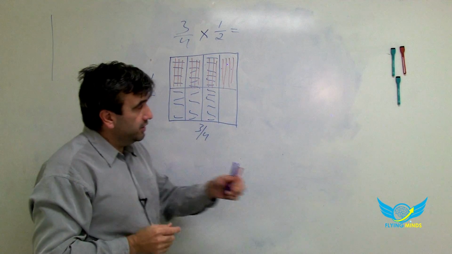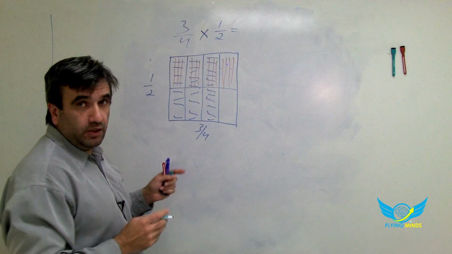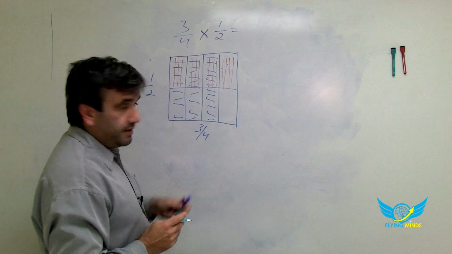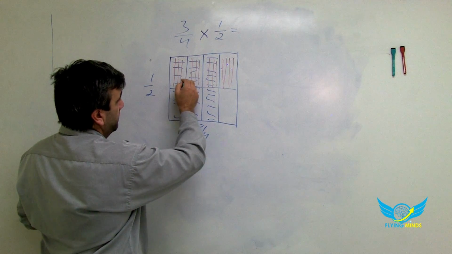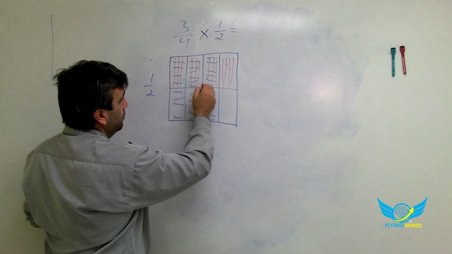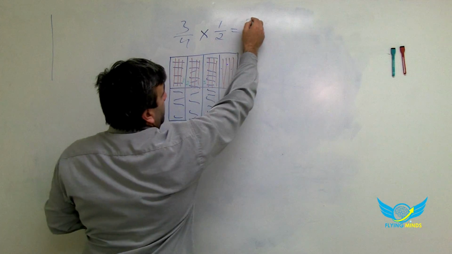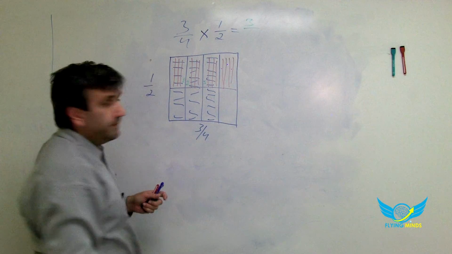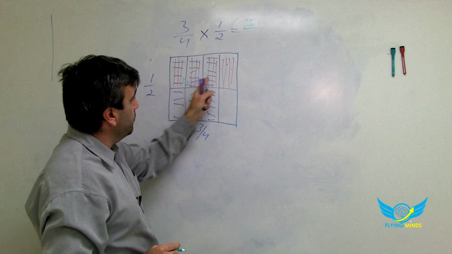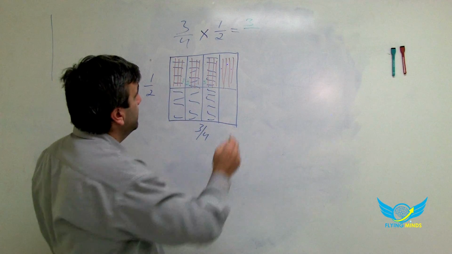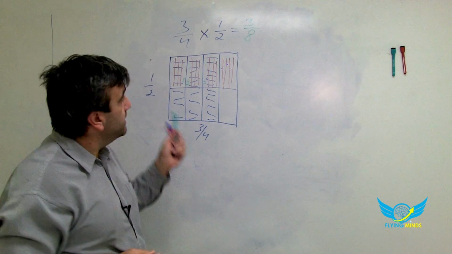With multiplication, what we're looking for are cross sections. So how many rectangles are crossing each other, blue and red? We have 1, 2, and 3. So we have 3 out of how many? How many rectangles in total do we have here? 1, 2, 3, 4, 5, 6, 7, 8. 3 out of 8. And this is our answer.